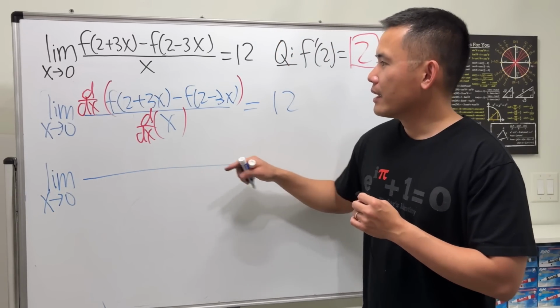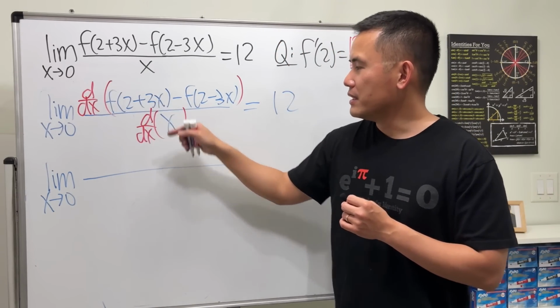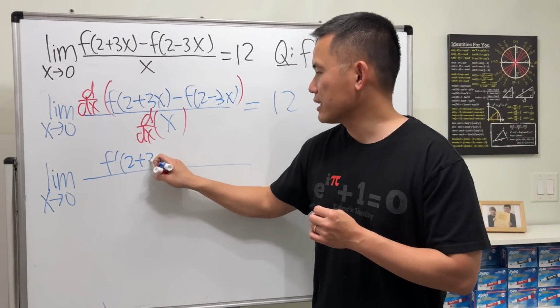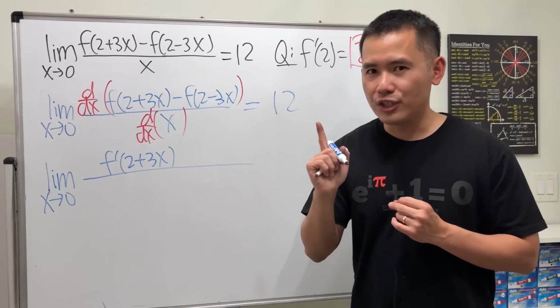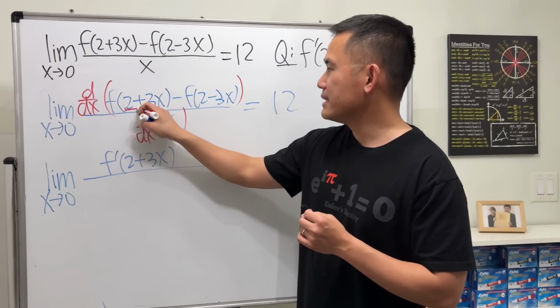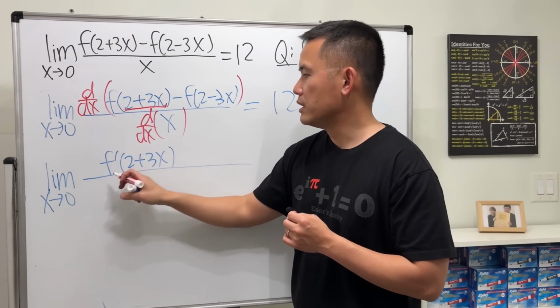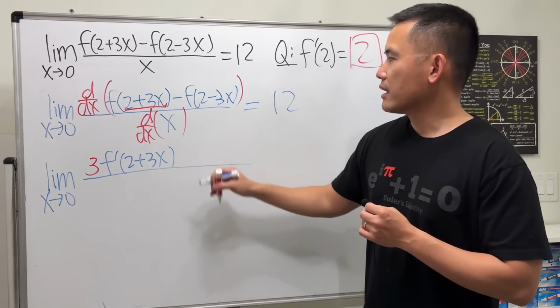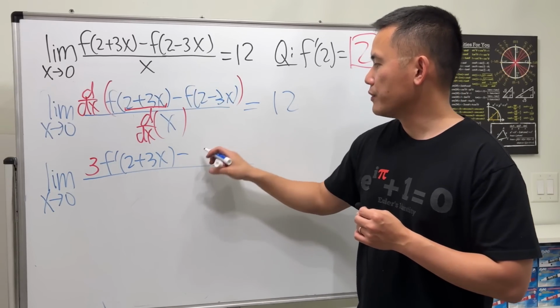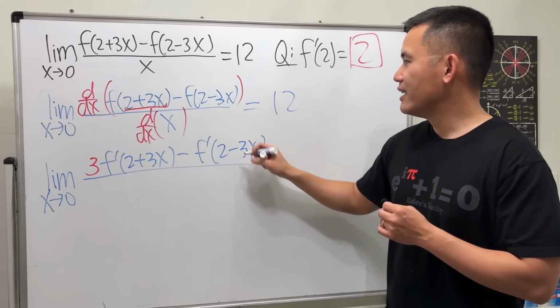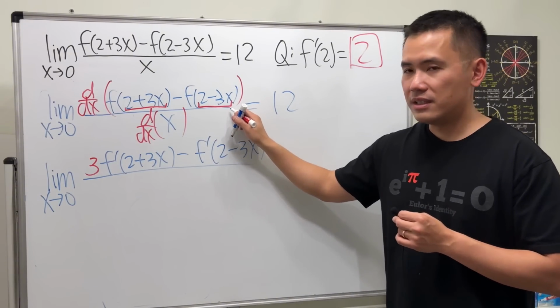Anyways, differentiating f of this is just f prime of this, right? 2 plus 3x. But remember the chain rule. Multiply by the derivative of the inner function. The derivative of 2 is 0. The derivative of 3x is 3. Continue, minus the derivative right here is f prime, and then the inside, and multiply by the derivative of this.